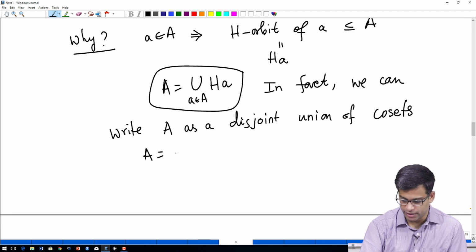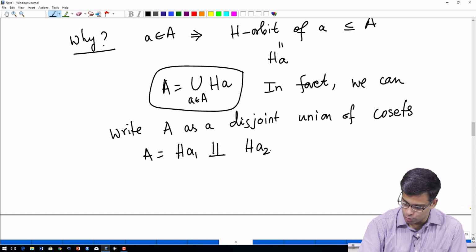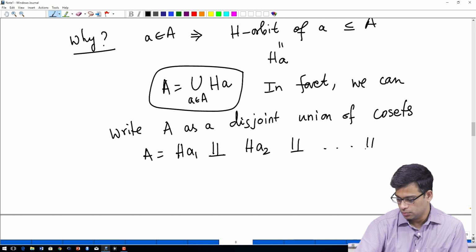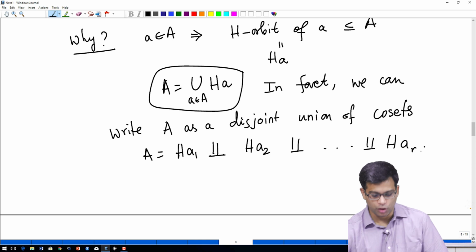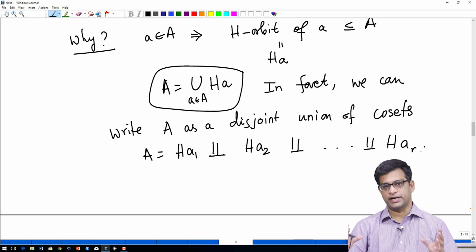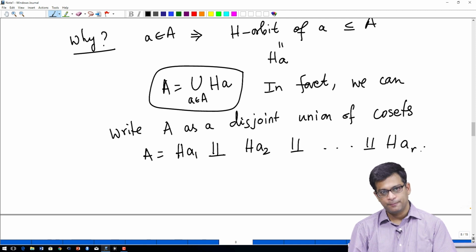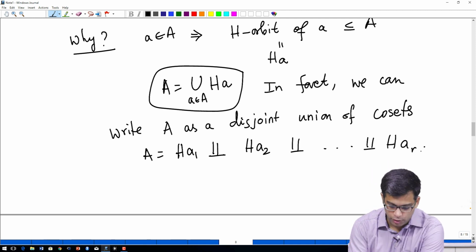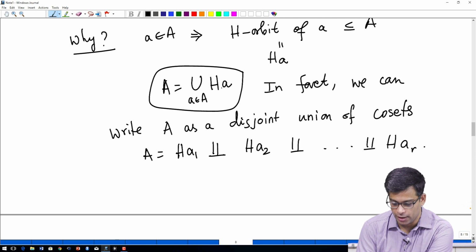So we can write A as some Ha1 disjoint union Ha2 disjoint union up to Har. Because again, remember, cosets, which are equivalence classes for a group action, are either the same or they are disjoint. So A is a union of Ha because every small a is in some Ha, namely it is in Ha, and they cover A.